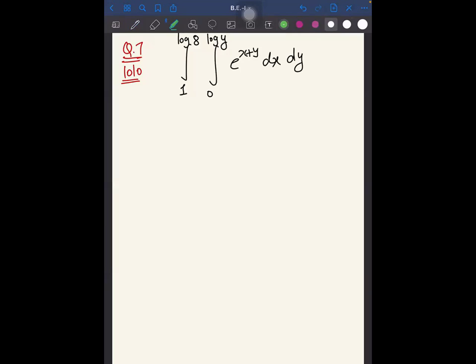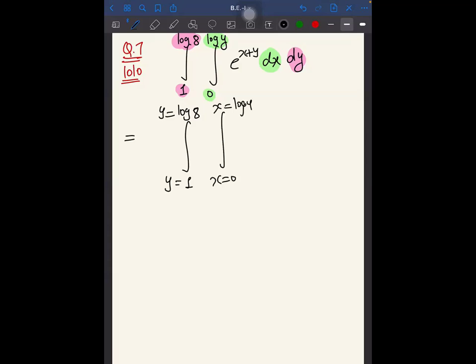X. So dx is there, and these are the limits of x. Similarly, this is dy and these are the limits of y. To mark more clearly, you'll write it as y from 1 to log 8 and x from 0 to log y, e raised to power x plus y dx dy.